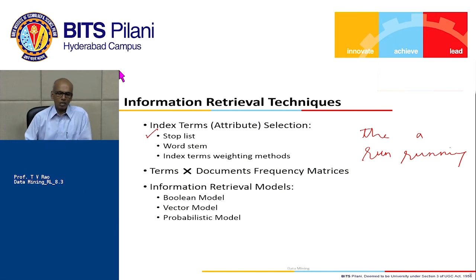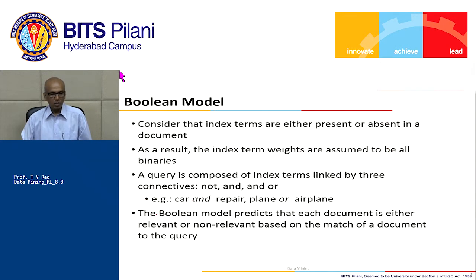The models of retrieval can be broadly categorized into a Boolean model, a vector model, and a probabilistic model. In a Boolean model, we simply look at the index term and determine whether it is present or absent. Essentially, we are taking a binary approach.